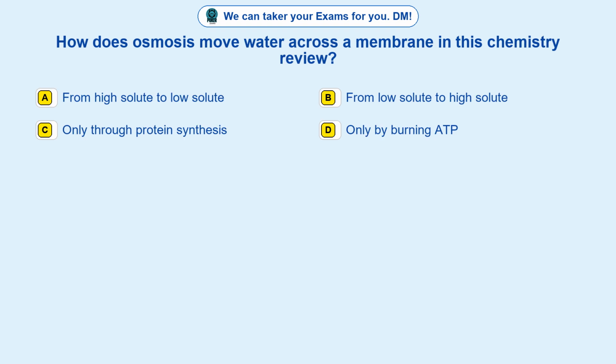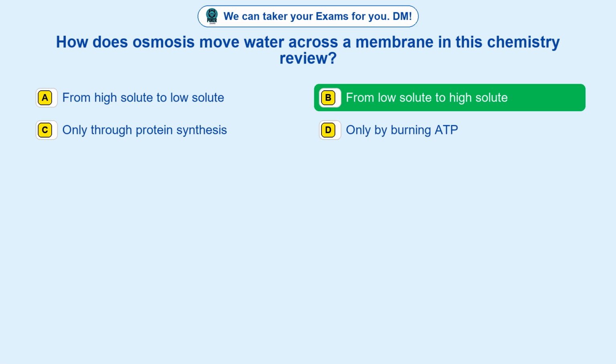Question 6. How does osmosis move water across a membrane in this chemistry review? Option A, from high solute to low solute. Option B, from low solute to high solute. Option C, only through protein synthesis. Option D, only by burning ATP.